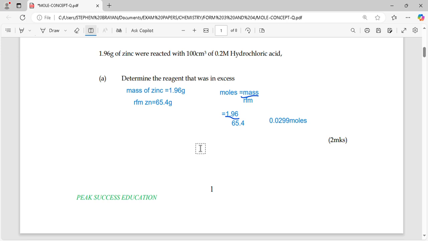But you can also get the moles of hydrochloric acid, because you've been provided with the volume and the molarity of hydrochloric acid.